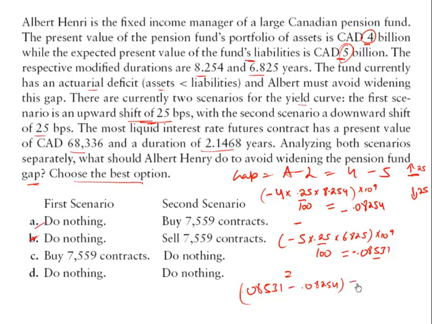Let's assume that we long N contracts. If we long N contracts, then when interest rates go down, N contracts will go up by N into 0.25 divided by 100 into the duration of one contract, 2.1468, into the value of one contract, that is 68336.